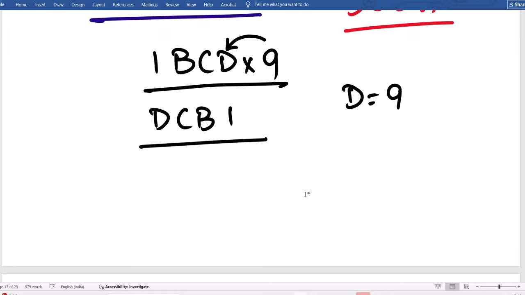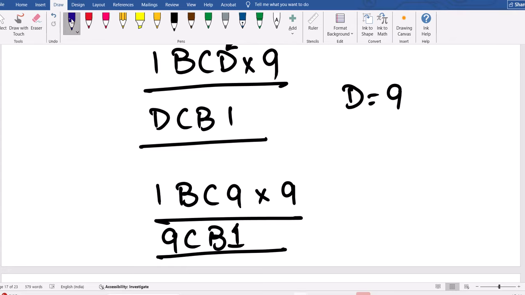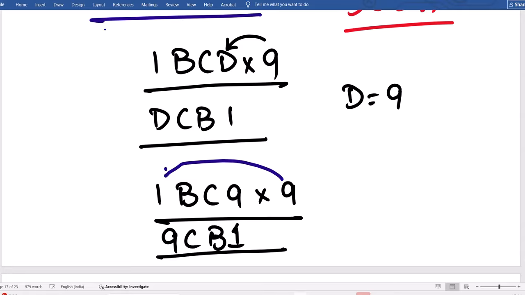Okay. Now after that, 1BC9 multiplied by 9 gives 9CB1. Now listen. Is it 9 into 1, 9? Is there any carry from previous? 9 into 1 is 9. Is there any carry from previous? No. Now B should be in such a way that it should not generate a carry.